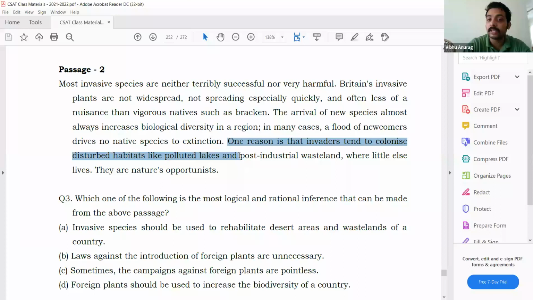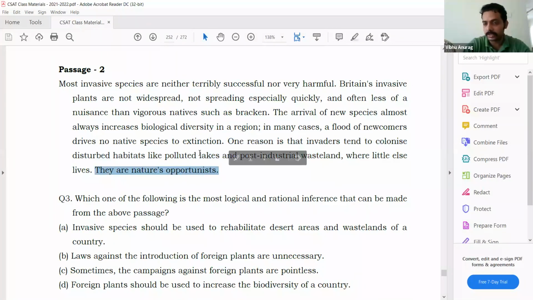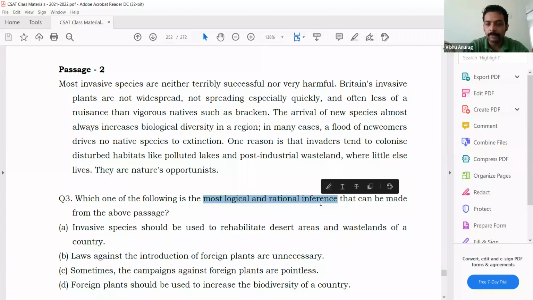One reason is that invaders tend to colonize disturbed habitats like polluted lakes and post-industrial wasteland where little else lives. So they go and live in areas where anyway nothing much grows over there. They are nature's opportunists. So they grow wherever they can. Now, what is the most logical and rational inference that can be made from here?